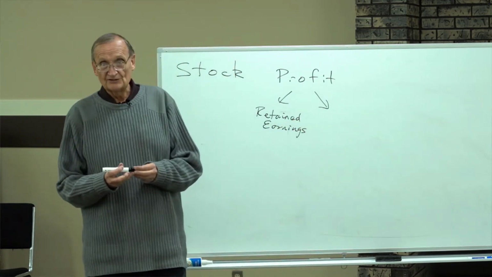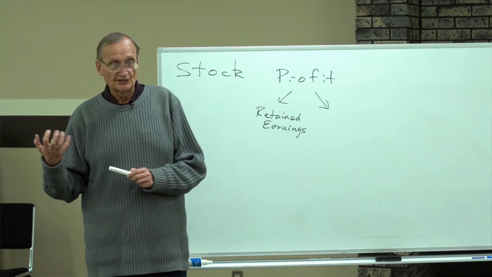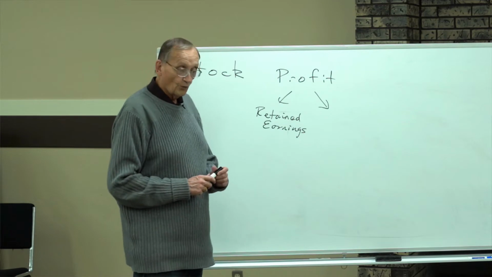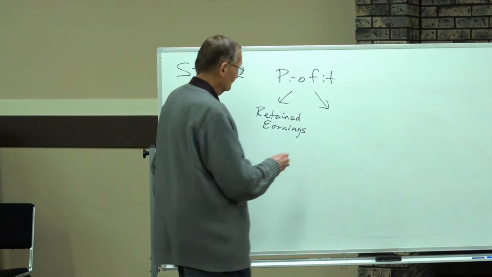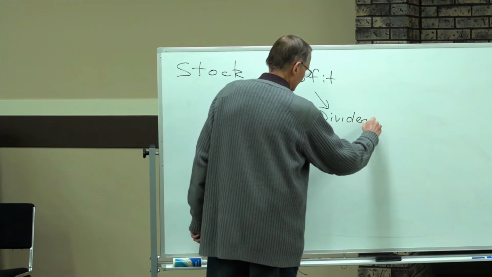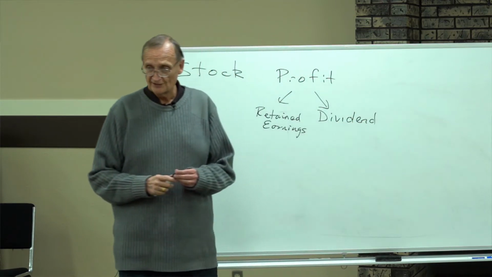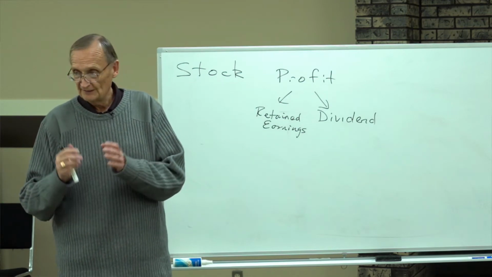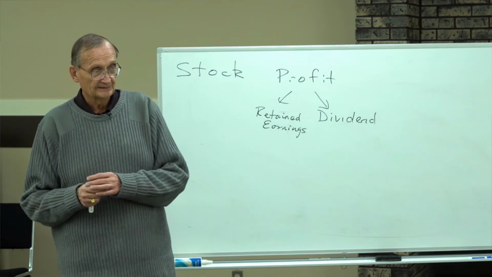So it retains the money in the company, retains the earnings, and uses it for investment purposes. Or it can pay it to stockholders, and then we call it a what? A dividend. So if you're getting dividends from a company, you own stock in that company. And they've declared that they're going to pay you a dividend.